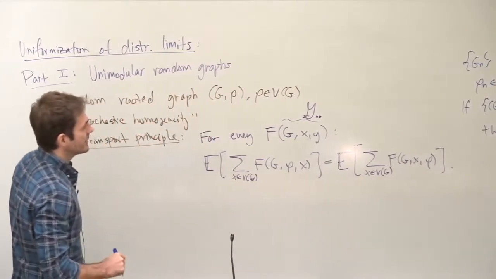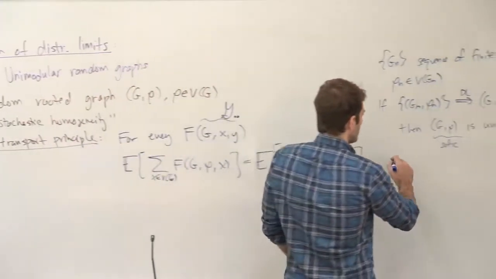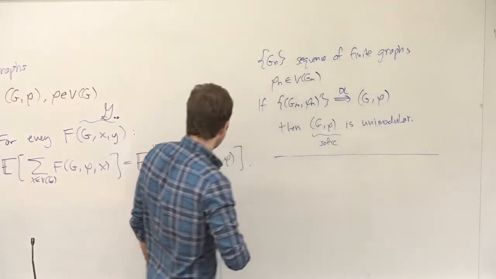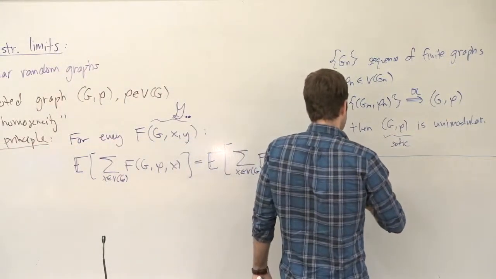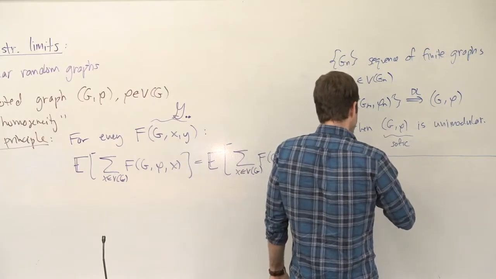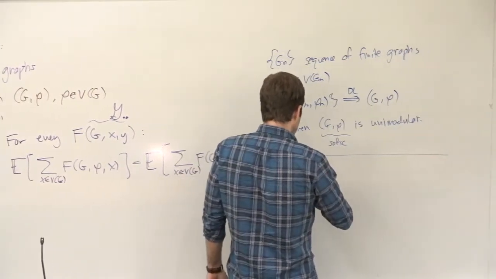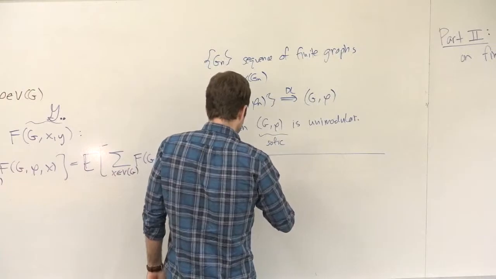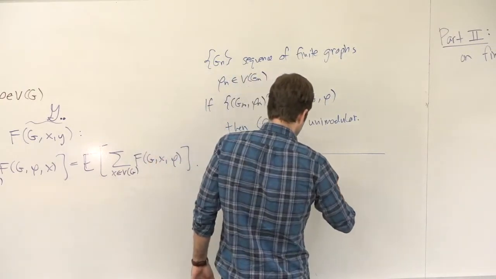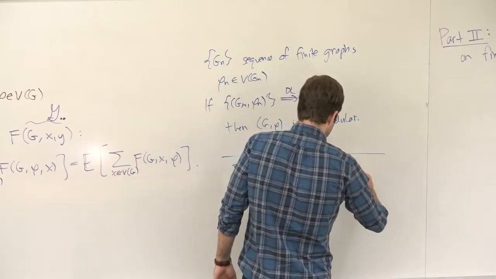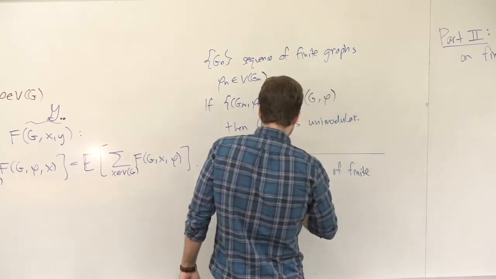So this is just interchange of sum and expectation. Okay, and the specific thing that I want to address today is sort of special families of graphs. One that's been considered quite a lot are distributional limits of finite planar graphs.